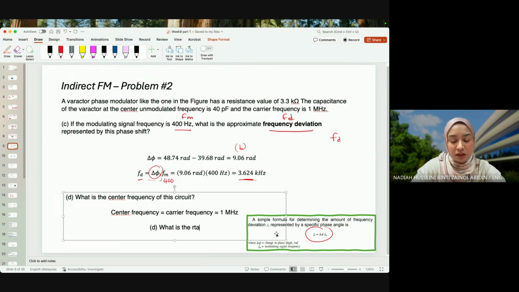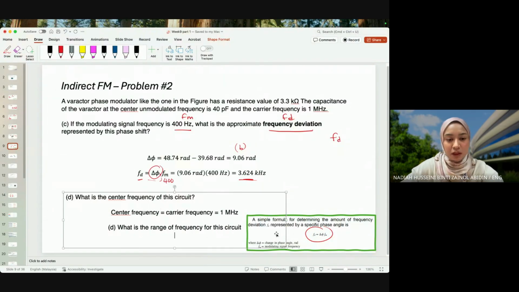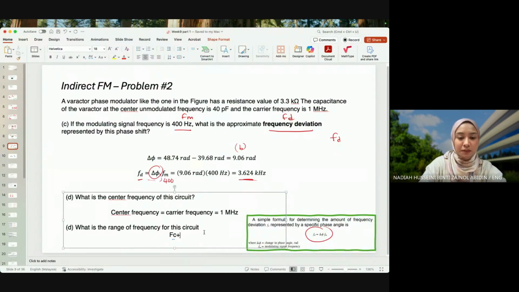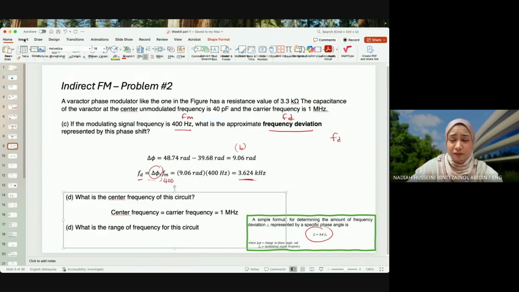What is the range of frequency for this circuit? This is another question that is possible. So how would you answer this? The answer would be FC plus minus FD.